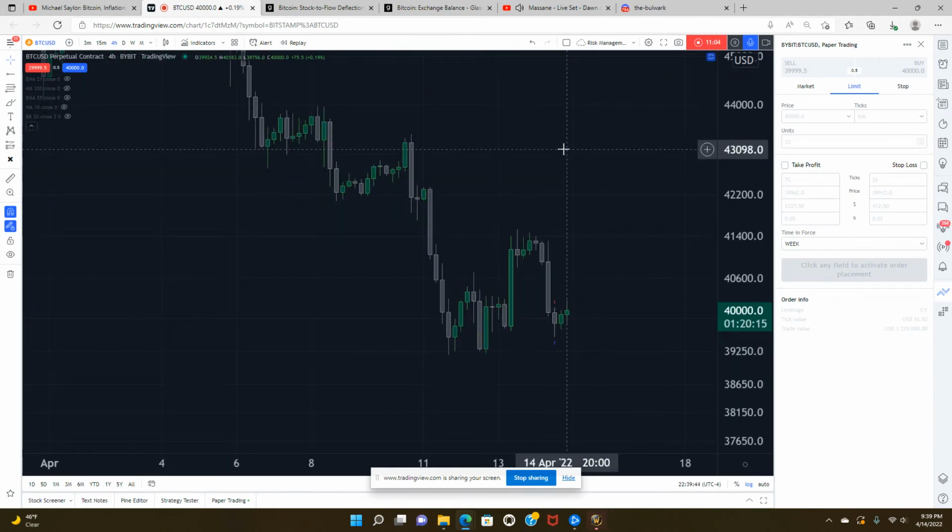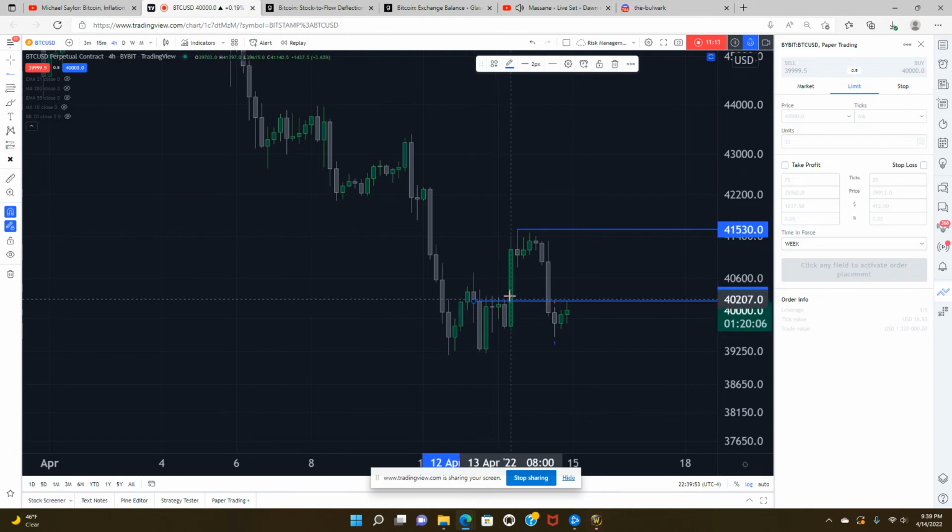And here, where would the 4 hour downtrend be broken? Well, right here. And this is what I'm talking about, where price is very close to that level.